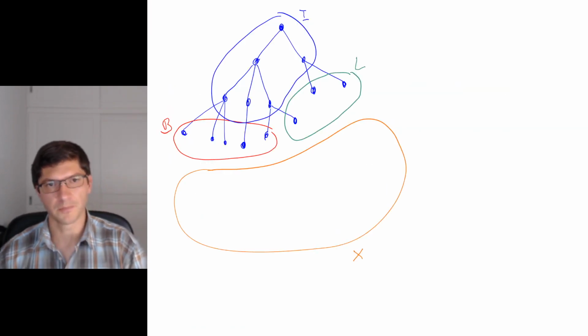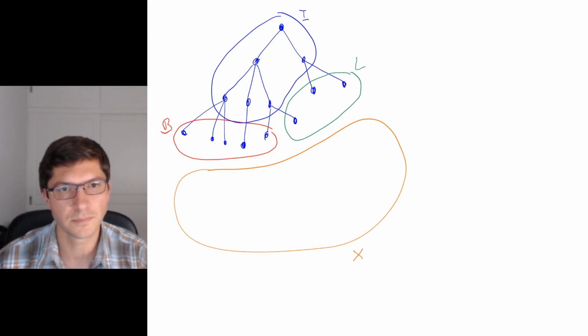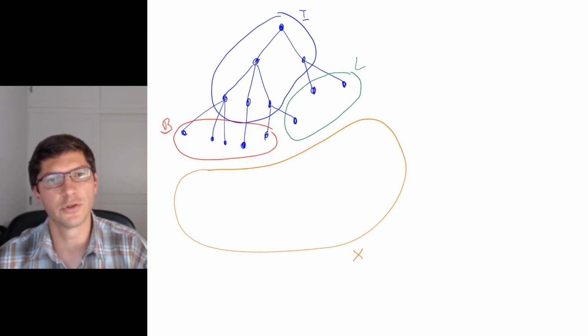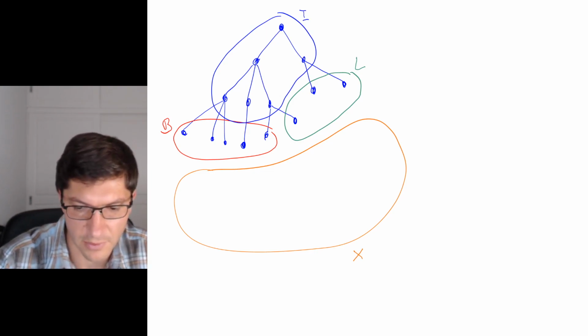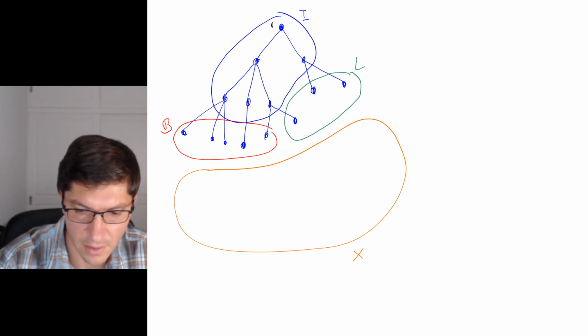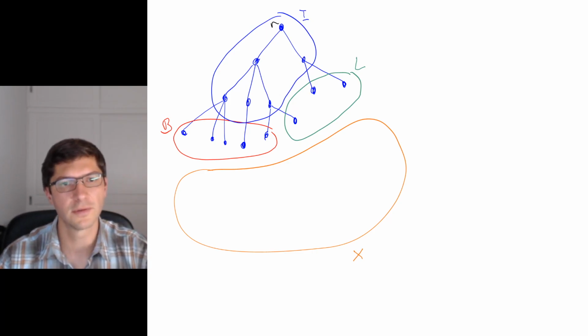Let's look at the picture. In blue, we have the tree T that has already been computed. It has a set of internal vertices, and R is one of these internal vertices. And then the set of leaves is partitioned into two.